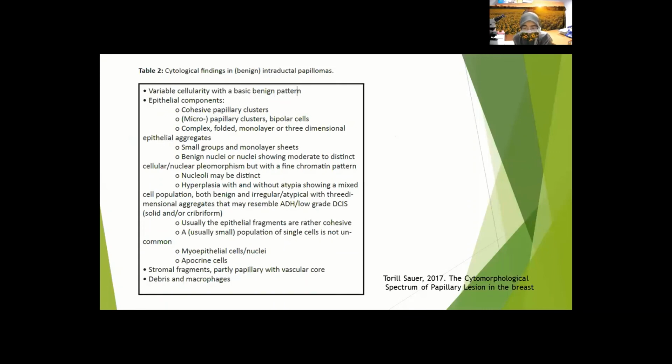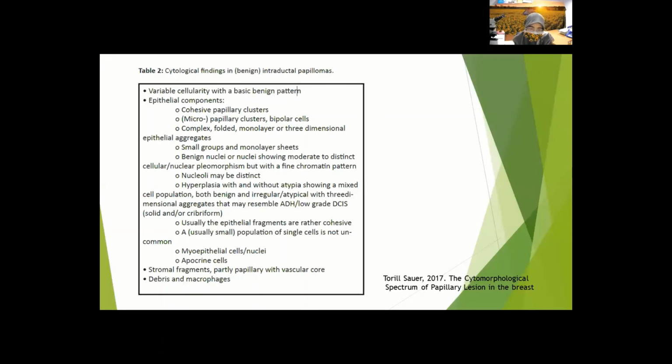This review article is actually interesting. They retrospectively reviewed all the ductal papillomas, both benign and malignant, and came out with a summary of the cytological patterns identified in intraductal papilloma.